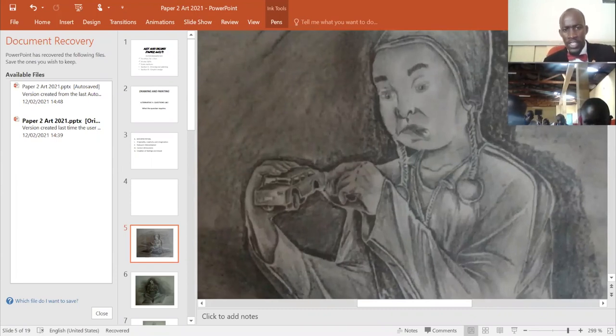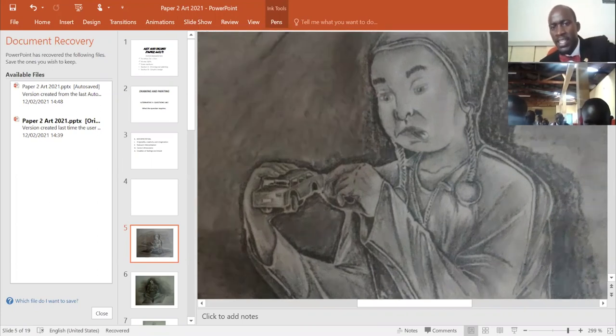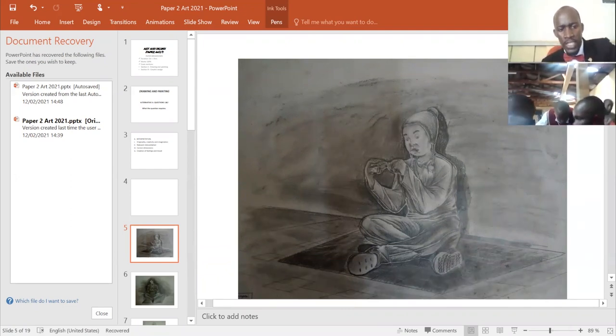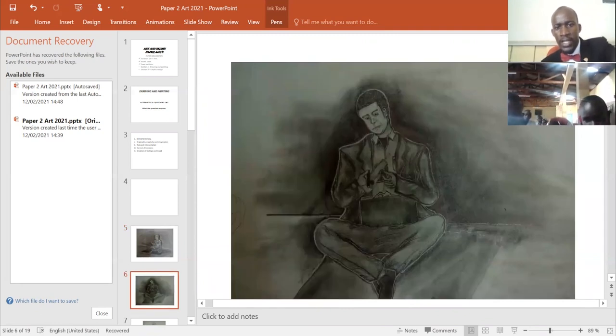Is that particular child doing some repair? So with that in mind, we can say that the candidate is within the question. Yes, interpretation of the question is clear. Now we have that one we've scored 30 out of 40. Let us look at this particular one.